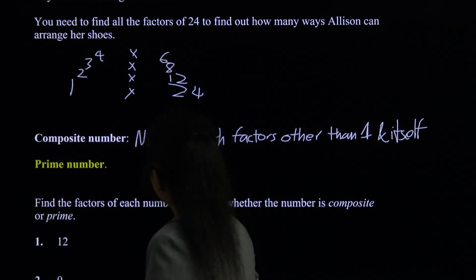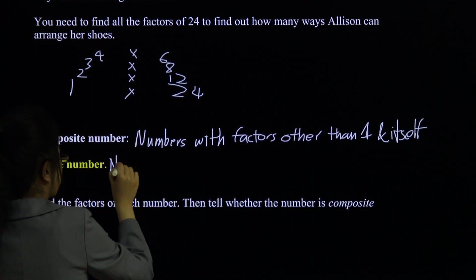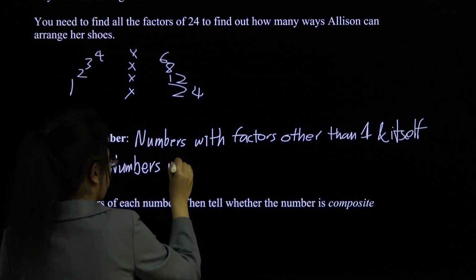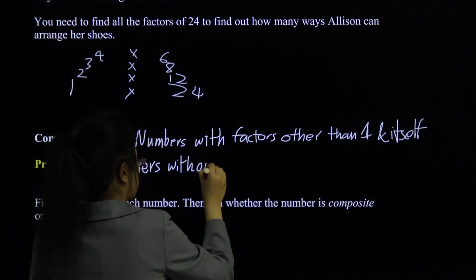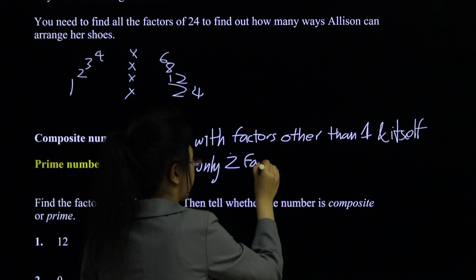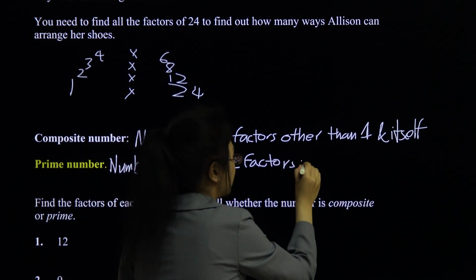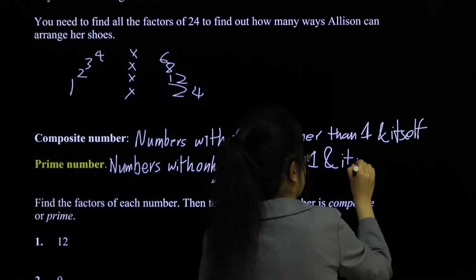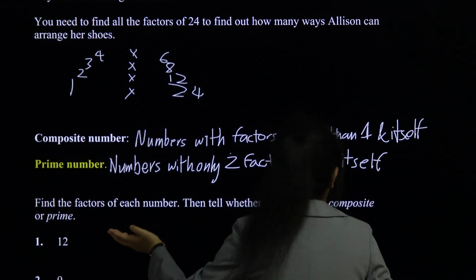So what's a prime number? Numbers with only 2 factors, 1 and itself. Such as 19 in the last section.